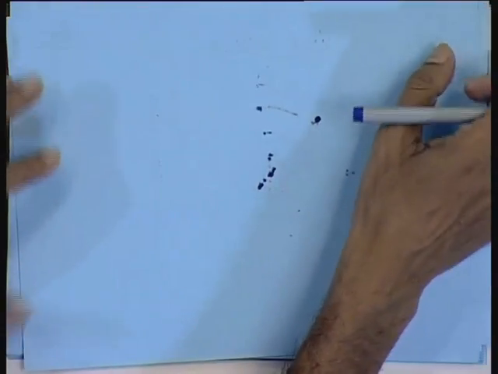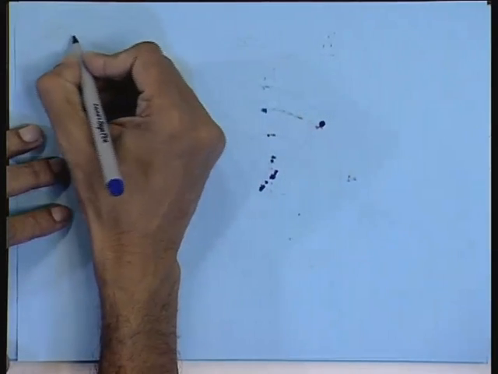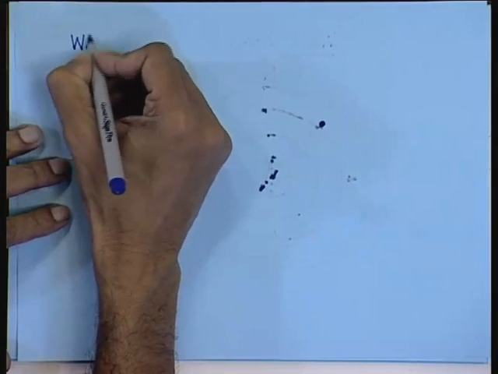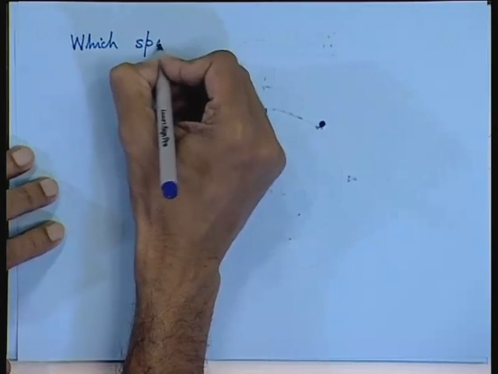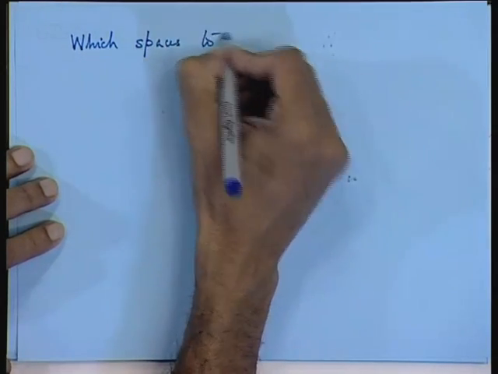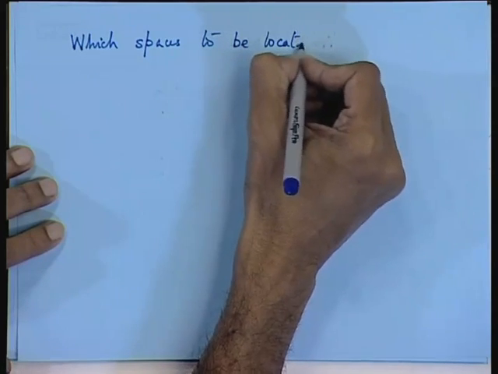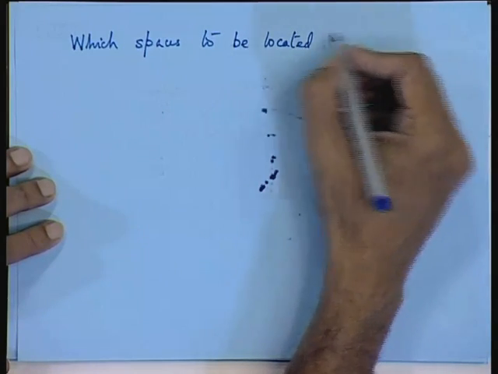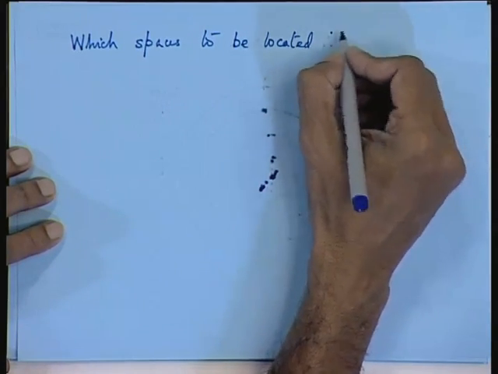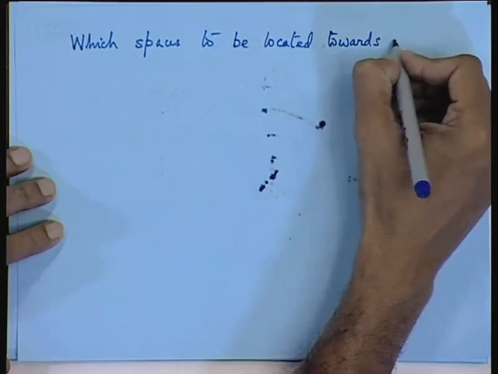Now, the first thing that you do, which spaces to be located towards the direction of wind.